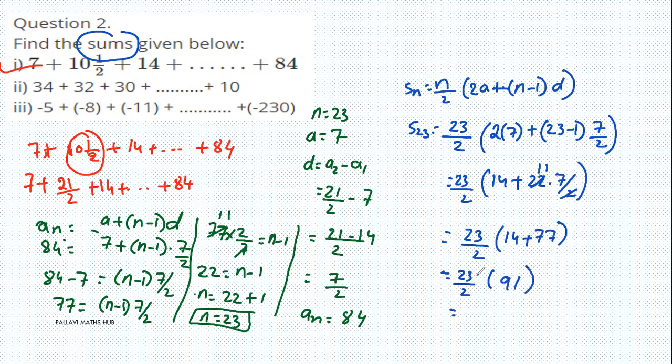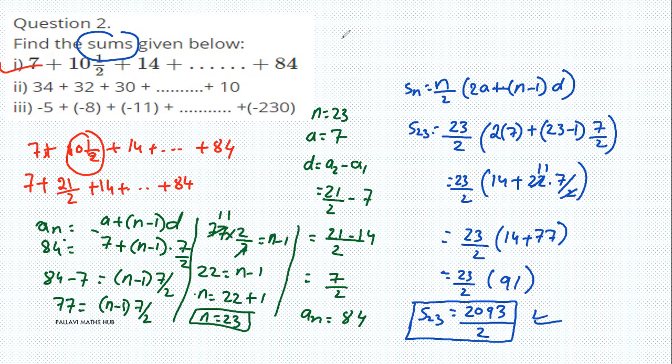So multiply 23 into 91, which is 2093, divided by 2. The sum of the 23 terms is 2093 divided by 2. So this is the answer. I hope all of you understood this one.